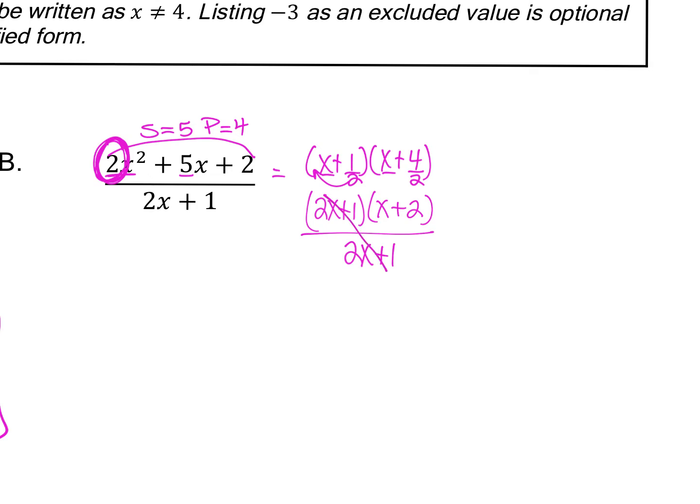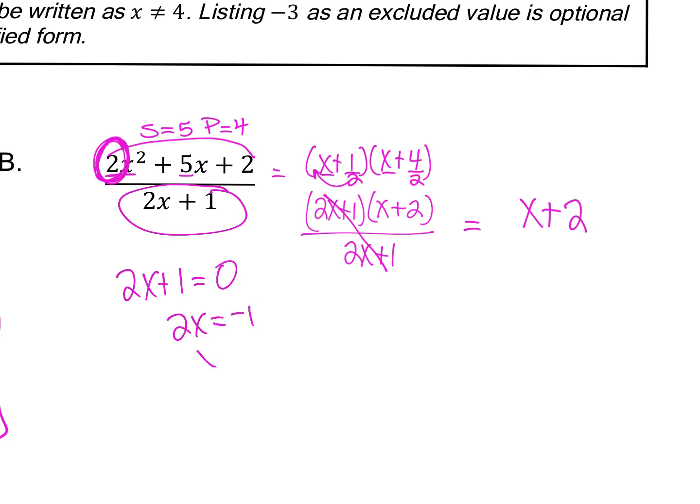Now notice these cancel out, which just leaves me with x plus 2. Now I need to also remember the excluded value. Looking back, I now know that I don't have a fraction, but I started with a fraction. So looking at your denominator, if you set that equal to 0, you would subtract 1, divide by 2, and so negative 1/2 would cause this denominator to be 0.